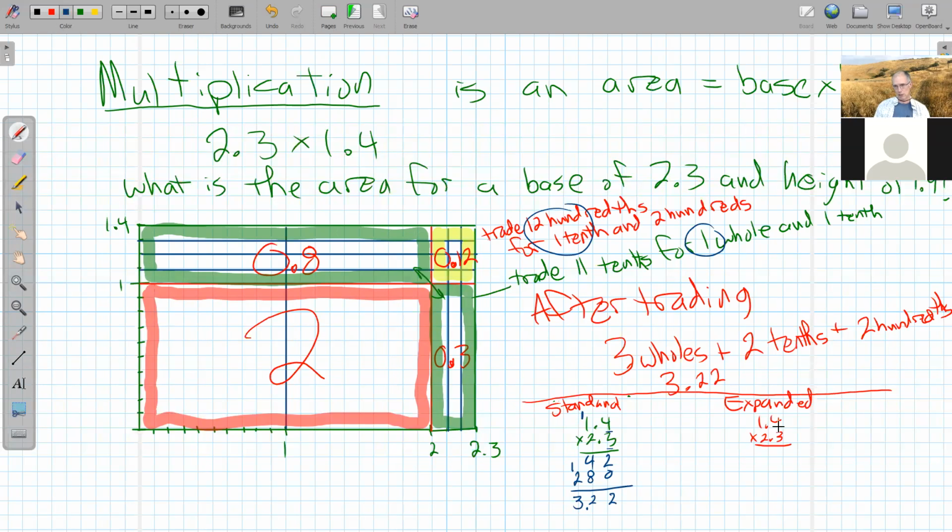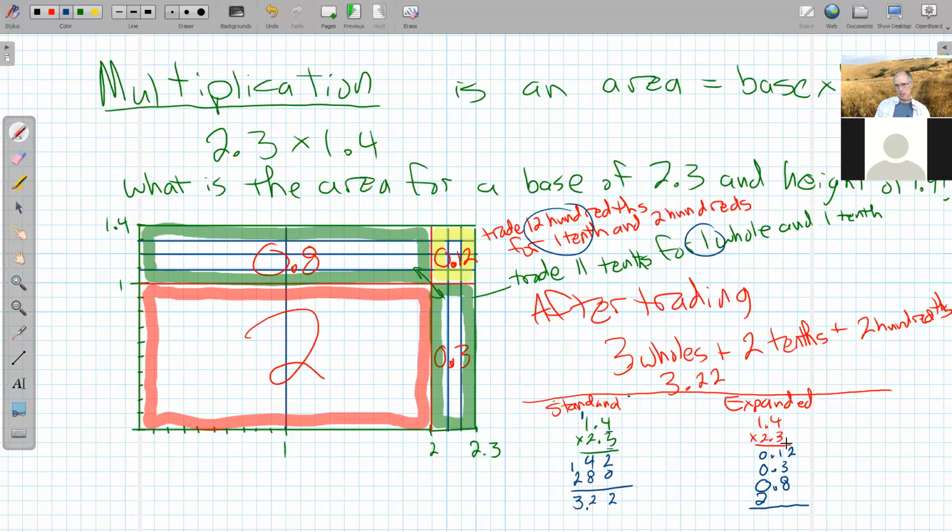So 4/10 times 3/10 is 12/100. And we just write the whole 12 underneath. And then 3/10 times 1 whole is 3/10. And then 2 wholes times 4/10, 2 groups of 4/10 should give us 8/10. And then 2 groups of 1 is just 2.